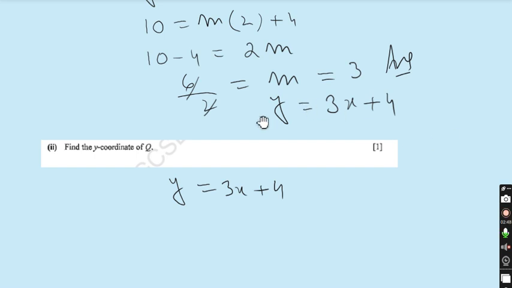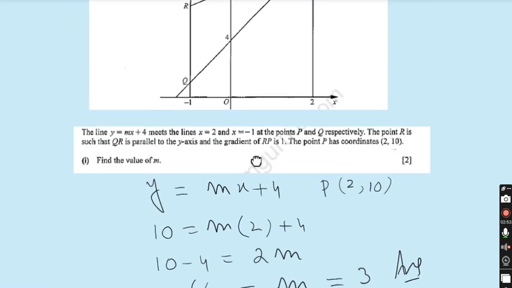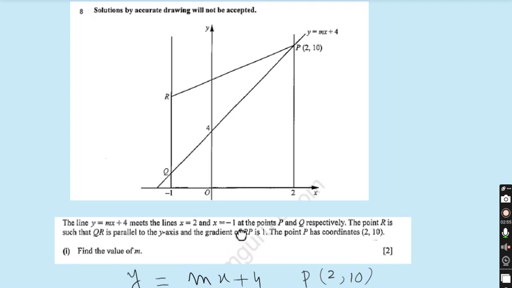You can see in the diagram the coordinates of Q are (x, y). The value of x is -1, because the point Q lies on the line x equals -1.